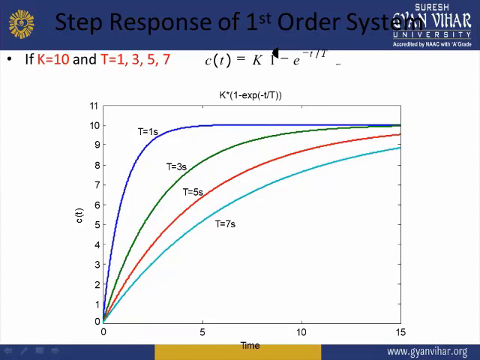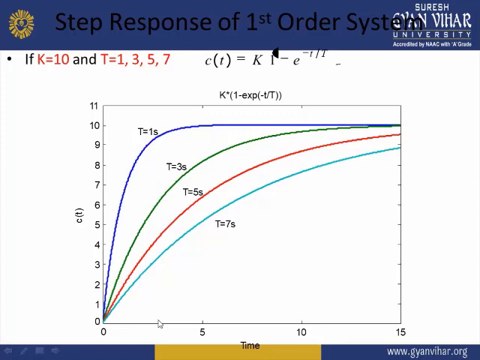Now look at this graph. In this graph, you will find the various values of time constants at different time intervals. For a time constant of T equal to 1 second, the response is given by the dark navy blue color.